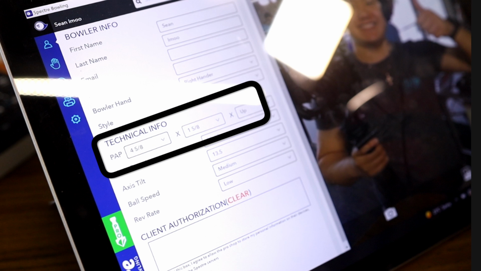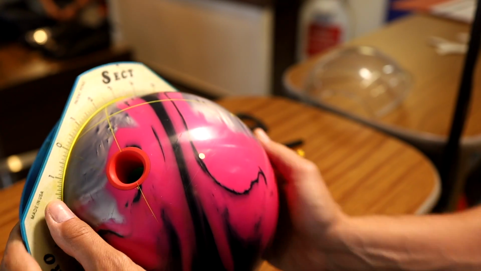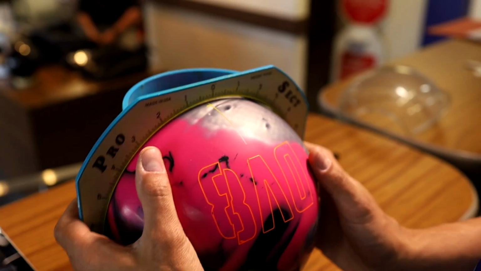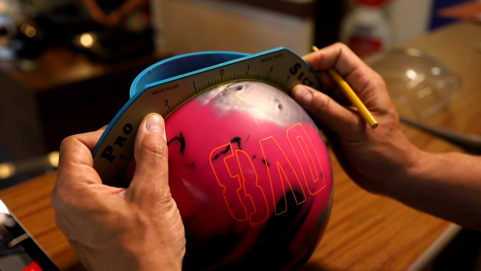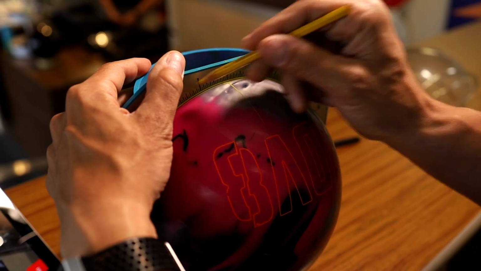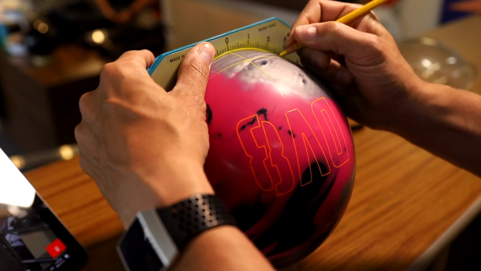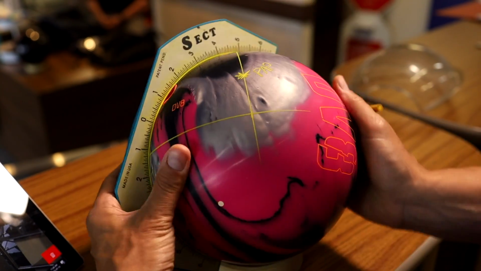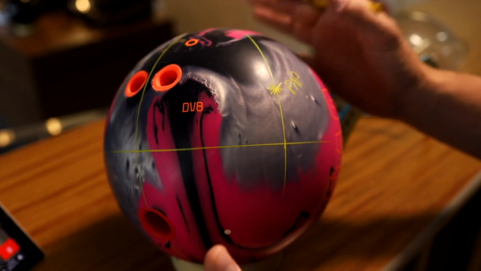From my grip center, I will be going 4 5/8, which is right here, and this is where my VAL is going to intersect my midline. From the midline, I will now draw another perpendicular line, and I am going 1 5/8 up, above the midline. So this here is my PAP.